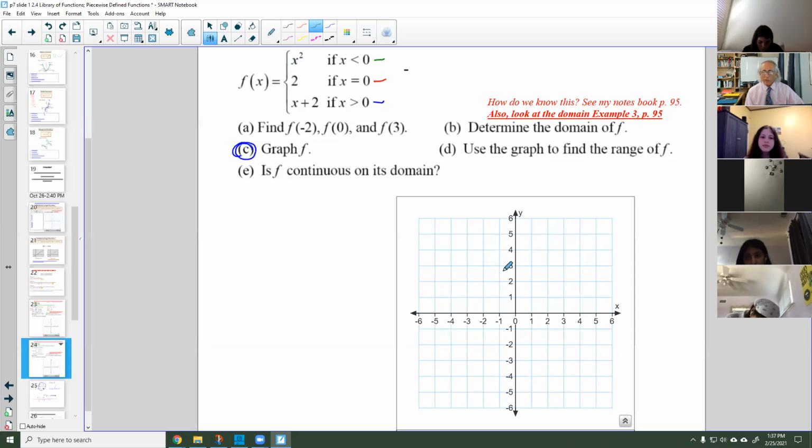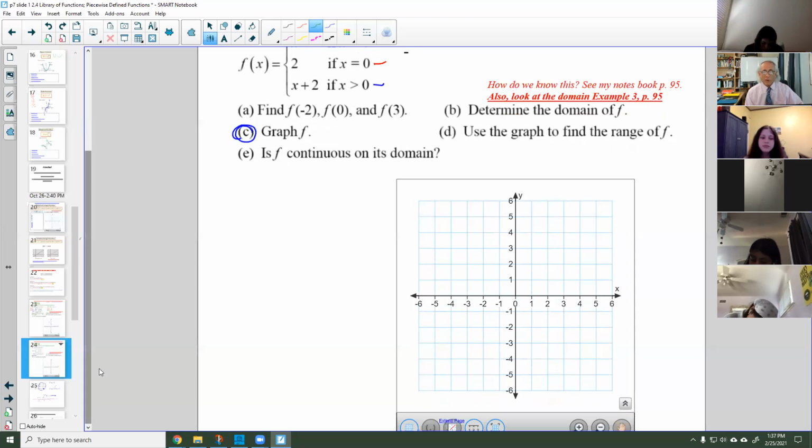I know because I've been practicing my library of functions, x squared is a parabola, and I got 0, 0, 1, 1, 2, 4, negative 1, 1, negative 2, 4. And I know that it goes forever. So it's a parabola, and that's actually a pretty nice parabola I just drew there. That's the graph of x squared.